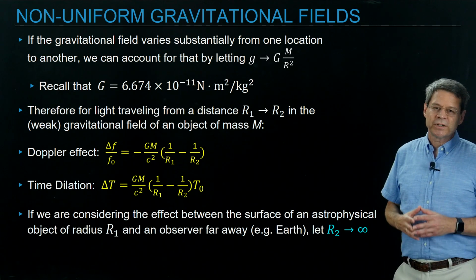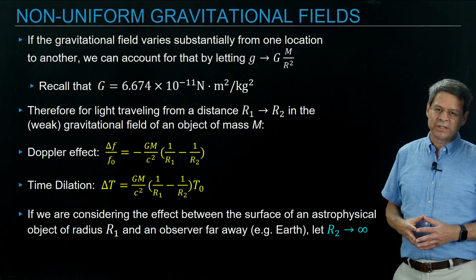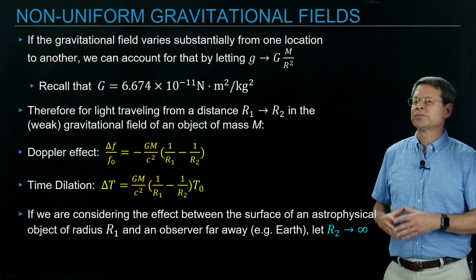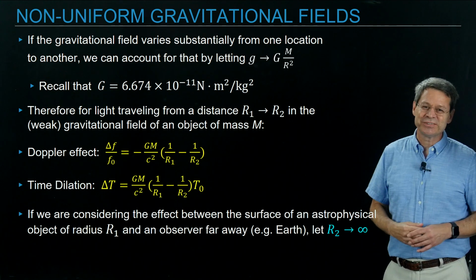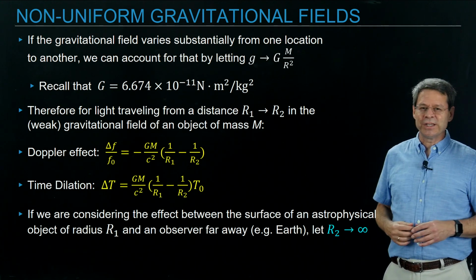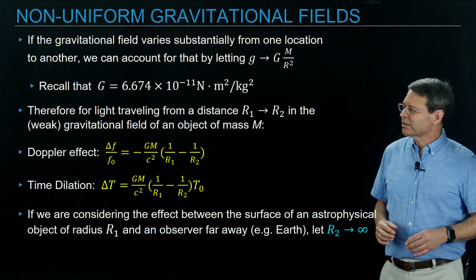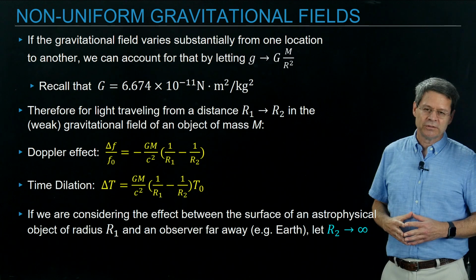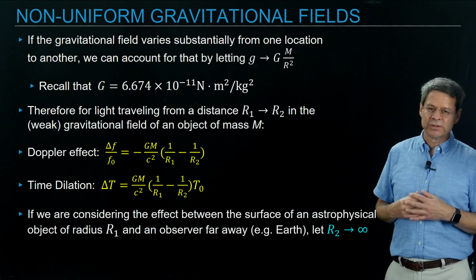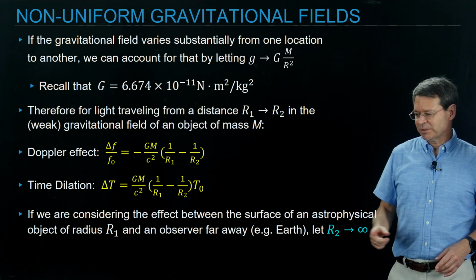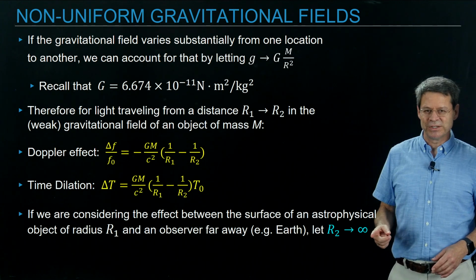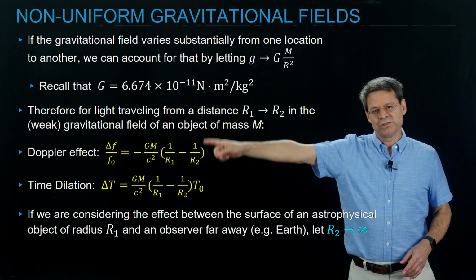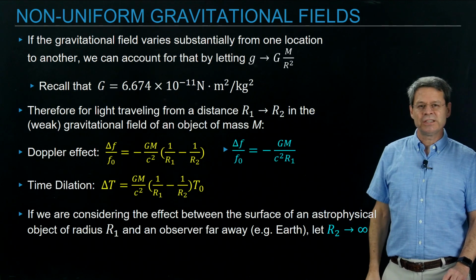Now, if we're considering the effect between the surface of an astrophysical object of radius r1, surface of the Earth, surface of the Sun, surface of something else, to an observer very far away, suppose you're trying to observe the effects from the surface of our Sun to us on Earth. Well, r2 is effectively infinitely far away to a good approximation. So we could let r2 become infinity. 1 over infinity just becomes 0 in those equations, and they simplify.